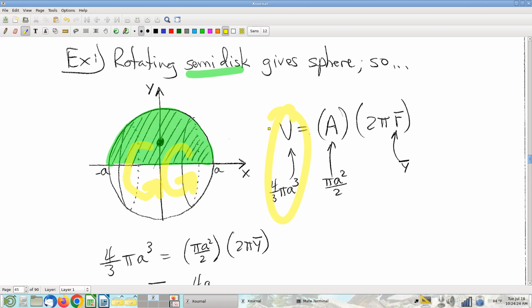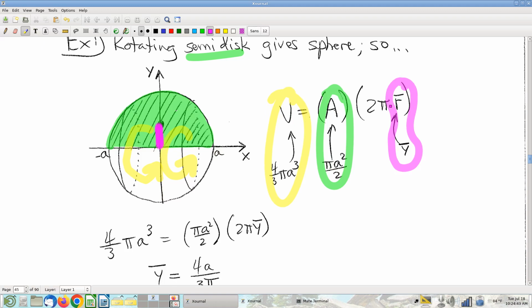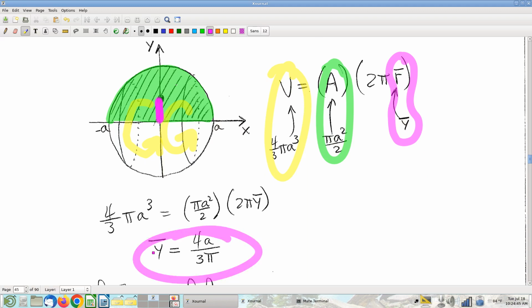And I know the formula for the area of a semi-disk. Well, then I can just solve directly for the distance to the centroid, aka the y-coordinate of the centroid in this case. Solve. And look at that. You get the same answer that we got by tedious integration a couple pages back. Everybody with me? Okay.